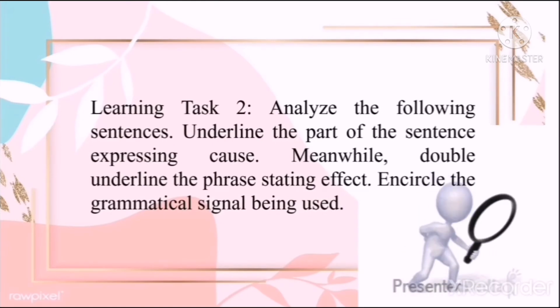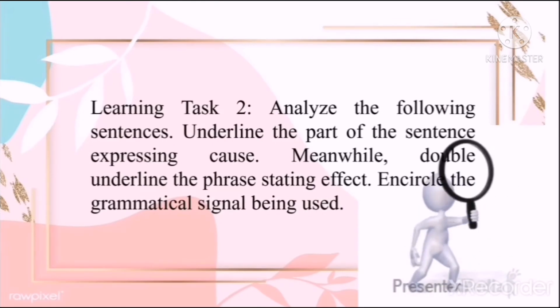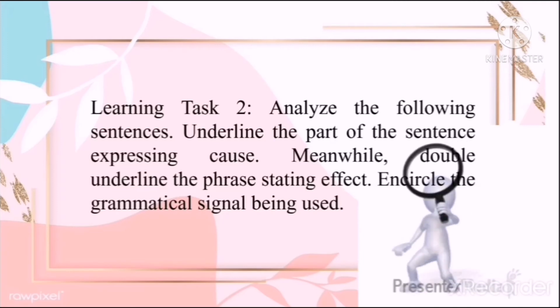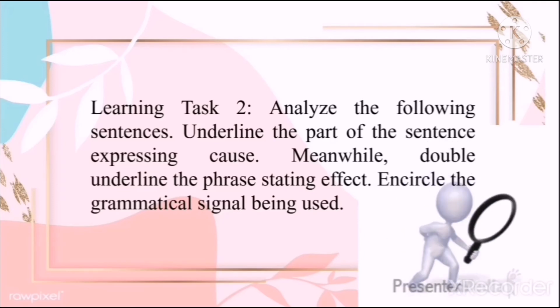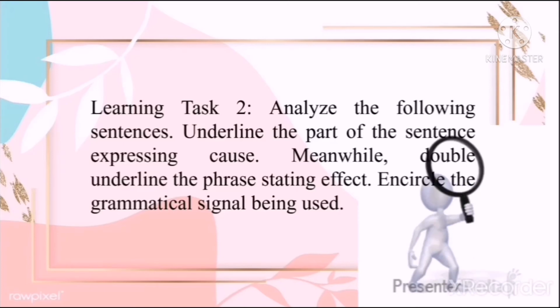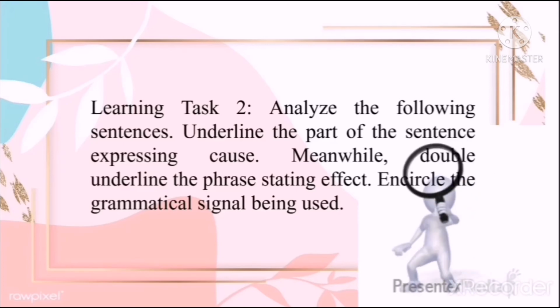Your next activity is analyze the following sentences. Underline the part of the sentence expressing cause, meanwhile, double underline the phrase stating effect, and circle the grammatical signal being used.